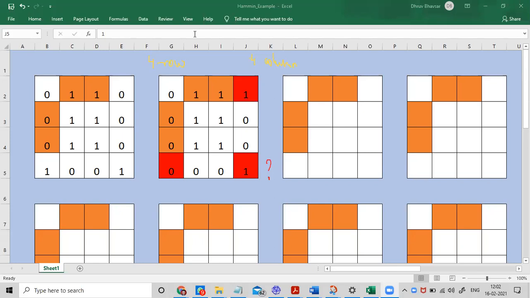Can anyone say where, assuming that we are not having this transmitted code? Your voice is breaking. Hello. Assuming that we don't know the real code, I'm repeating, we don't know the real code.